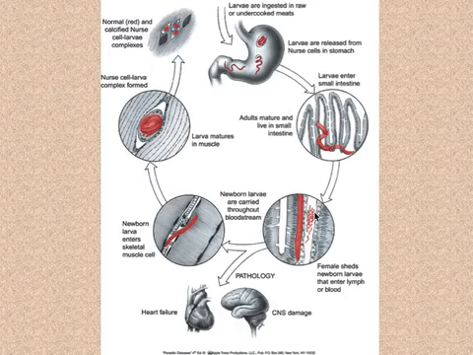And these babies are small enough that they slip out of the intestine and can travel in the bloodstream. And they can travel to the heart and the brain, which can cause brain damage or heart failure. But most often they just travel to muscles. And so they exit the bloodstream and bury themselves into the muscles and stay there. So that's what happens if you're human.